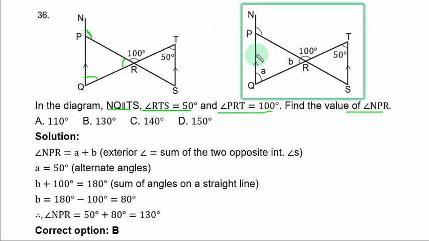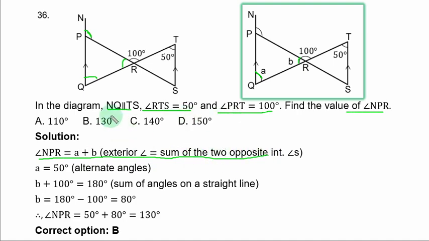So the diagram is adjusted in this form, trying to create this angle and label it as A, and create this, label it as B. Now angle NPQ is equal to A plus B. Exterior angle equals the sum of the two opposite interior angles. So we must get A and B.